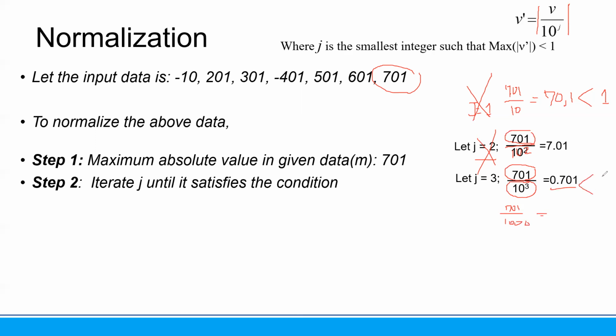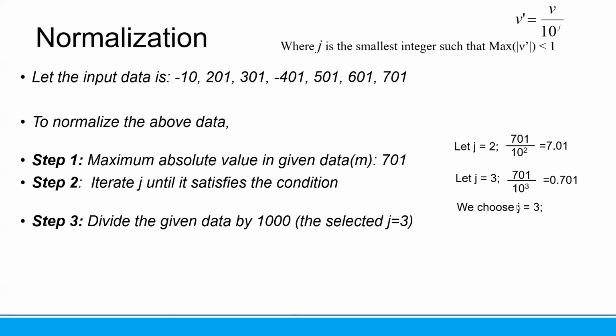Is it less than 1? Yes. So we choose j equals 3, because the condition is that the maximum of the value should be less than 1.